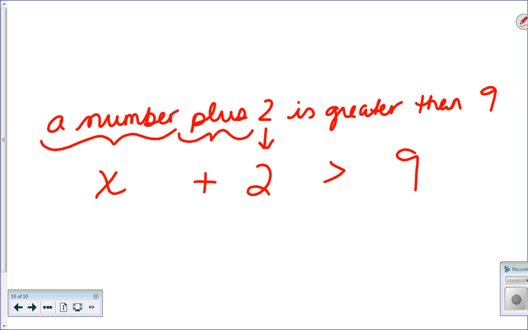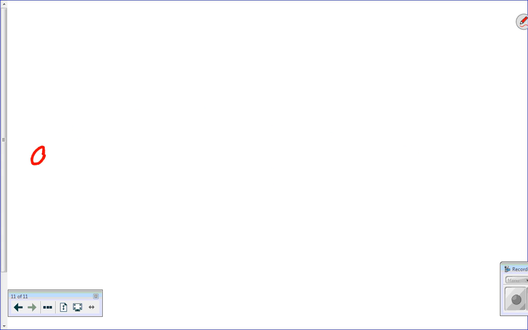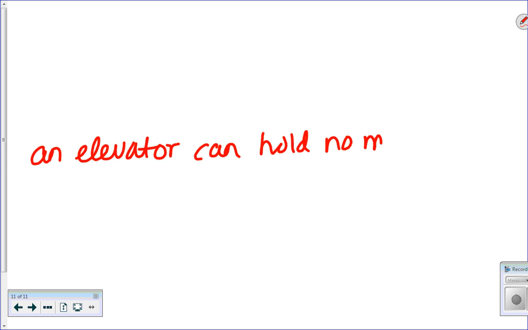Okay. There are also going to be a few story problems, and I think one of them is something like this. An elevator can hold no more than 20 people.